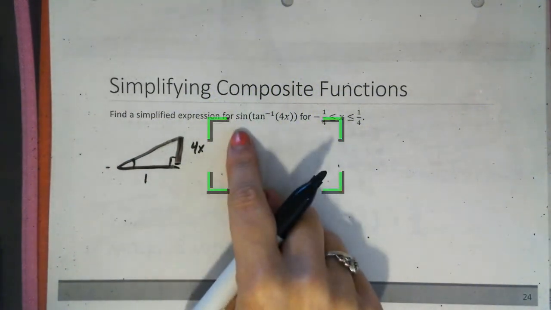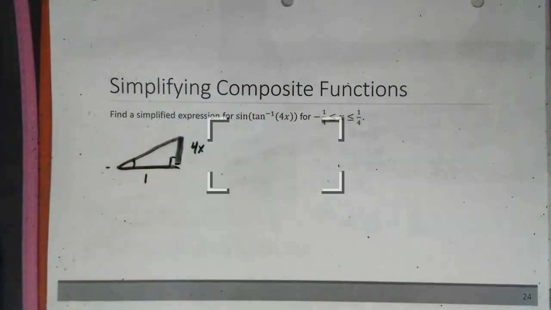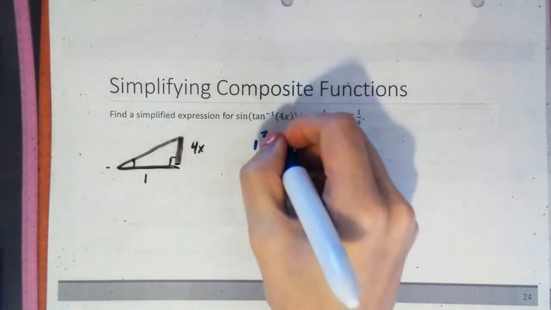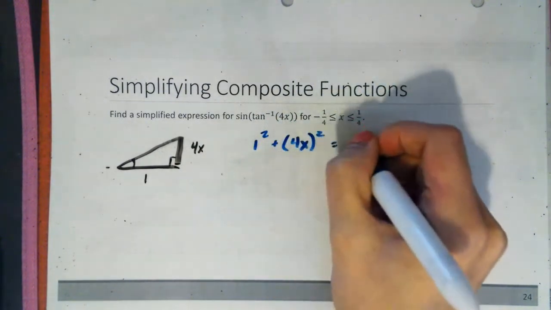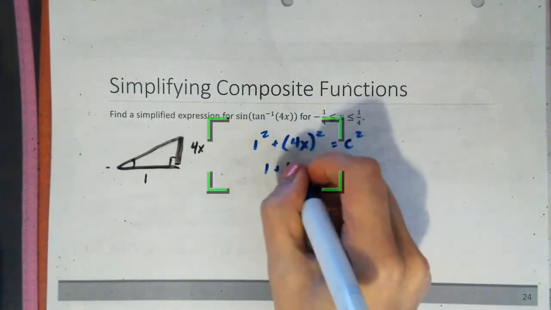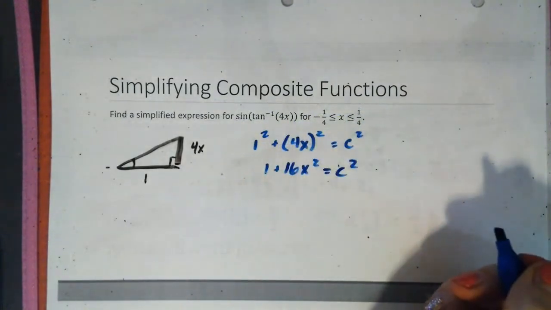I want to find the sine of my angle. That means I need the hypotenuse. I'm going to use the Pythagorean theorem yet again. We get 1 squared plus 4x in parentheses squared is equal to C squared. That's 1 plus 16x squared is equal to C squared.